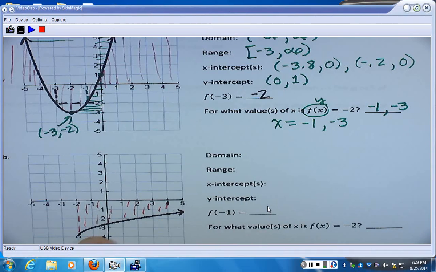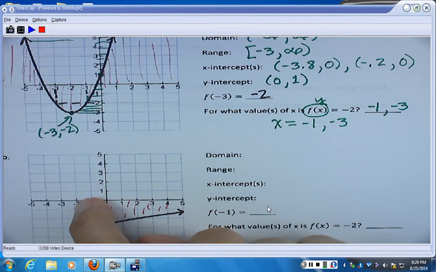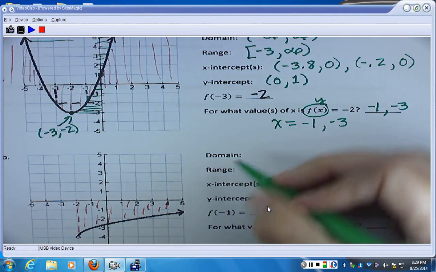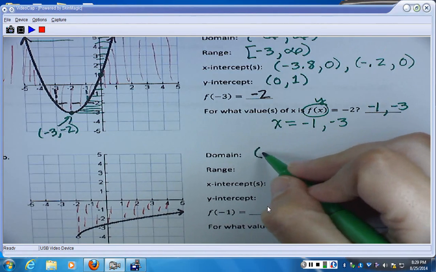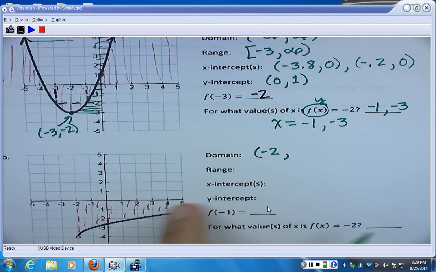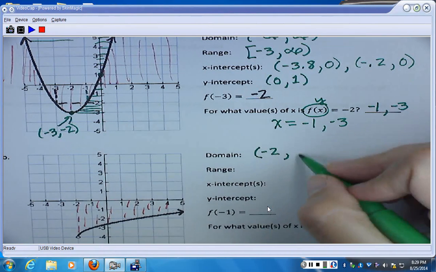Yeah, it means it doesn't include the negative 2. And it doesn't include the negative 4 on the y-axis. So it doesn't include the negative 2. And then this goes out to positive infinity. So that's infinity.